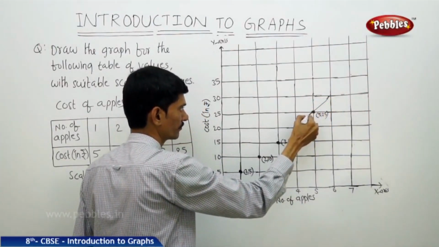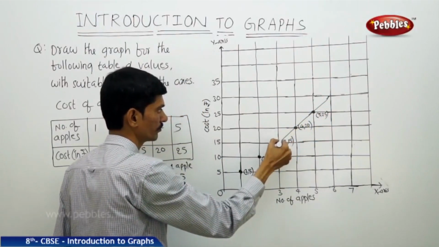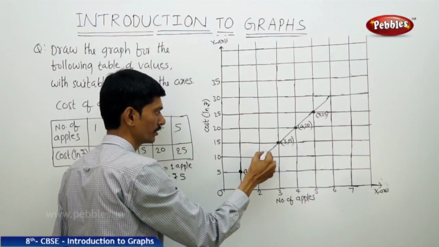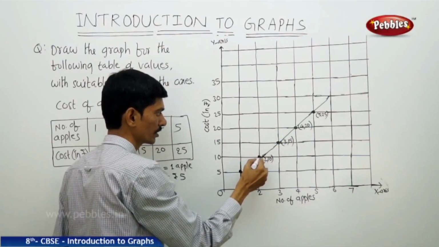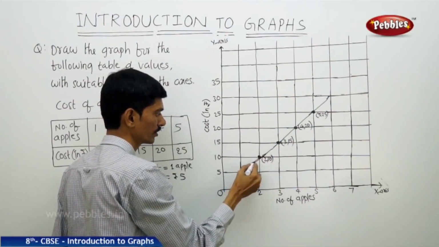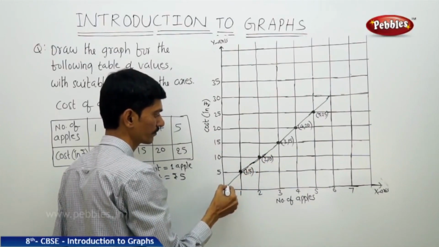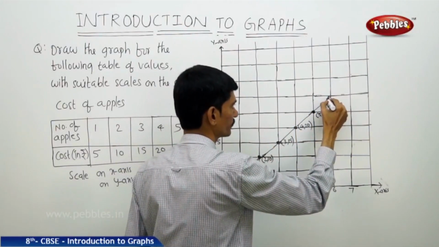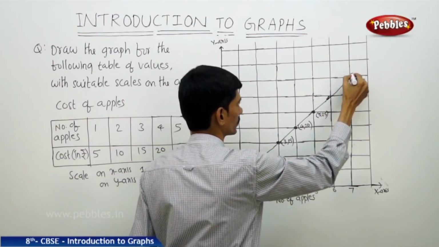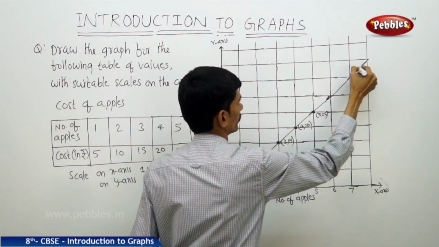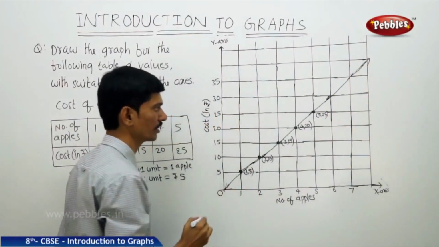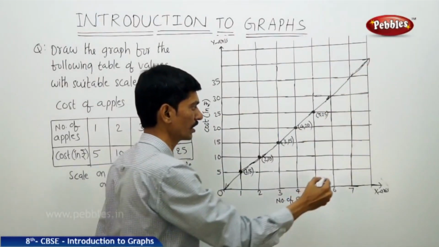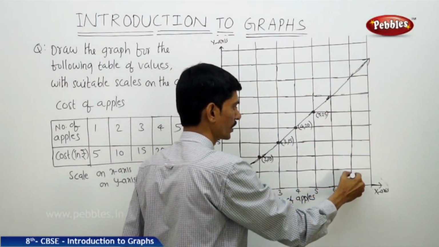So this is the graph of the two variables, one dependent variable and the other independent variable. The relation between these two variables can be shown as the graph. From this graph we can find the cost of any number of apples. For example, to find the cost of 7 apples, we draw a vertical line from 7 on the x-axis.